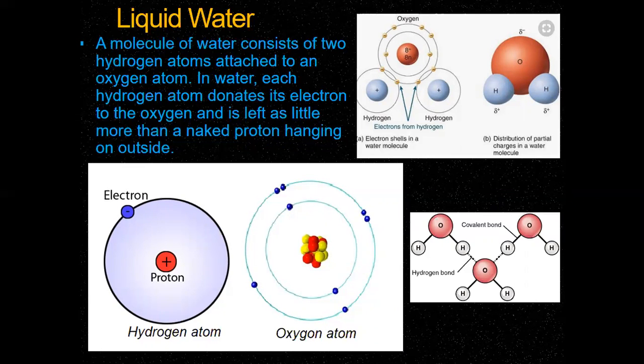hanging on the outside, right? In this picture, you may see it a little more carefully. We are not just giving the electron from hydrogen and leaving it there; the 2 electrons are shared between the oxygen and the hydrogen. Same thing here: 2 electrons being shared between hydrogen and oxygen.